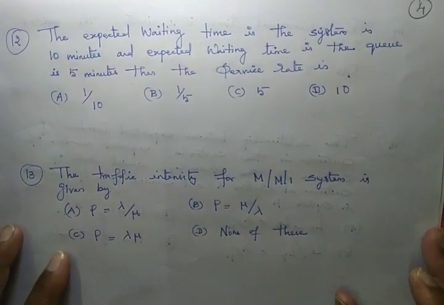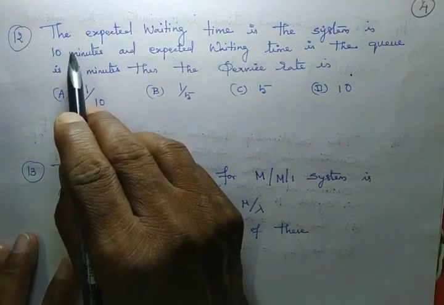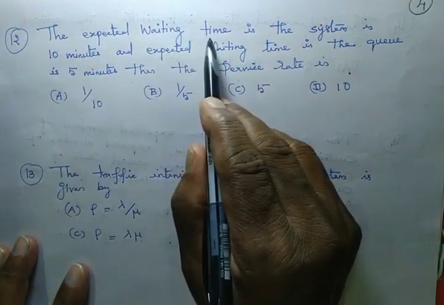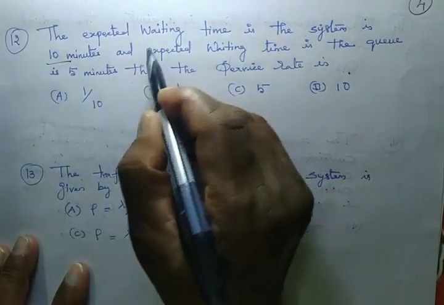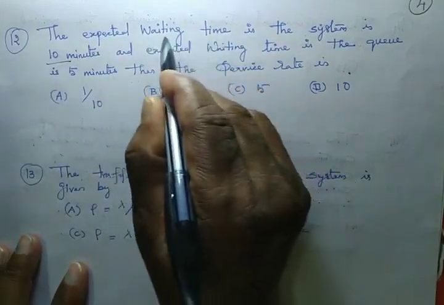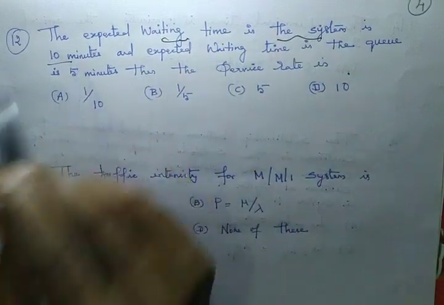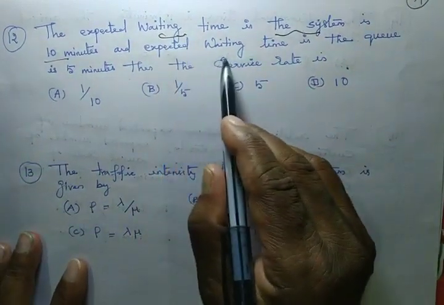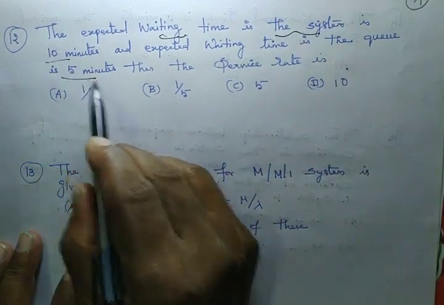And the continuation of this: the expected waiting time in the system is 10 minutes. Do remember what they gave first. Waiting time in the system is 10 minutes. Expected waiting time in the queue is 5 minutes.